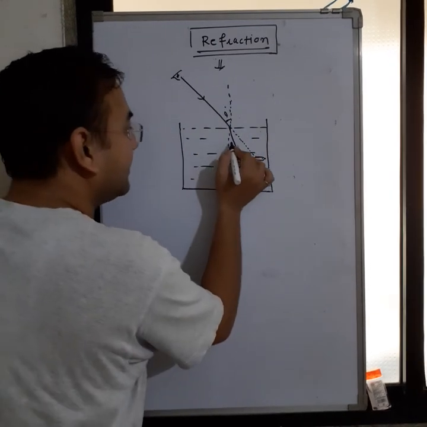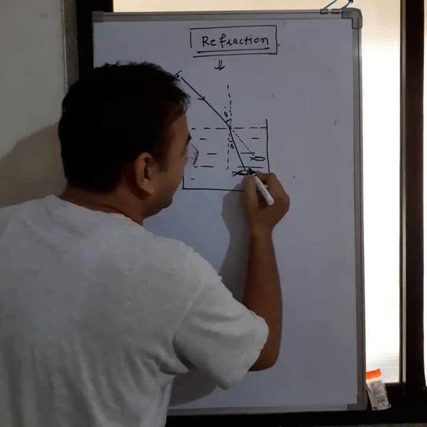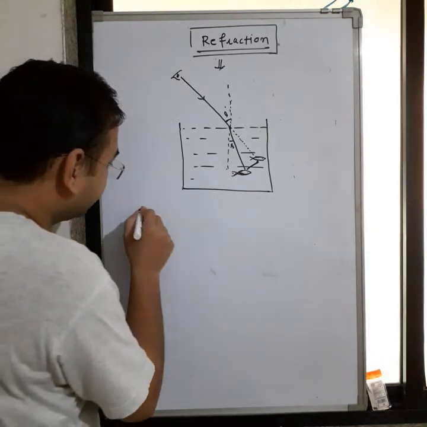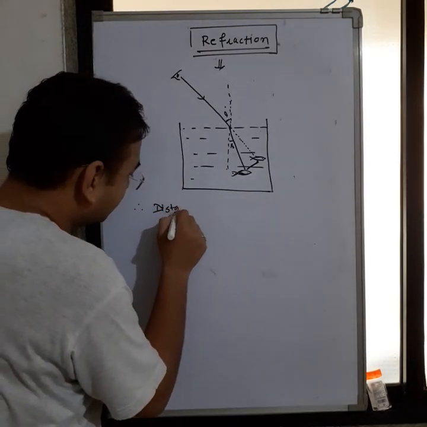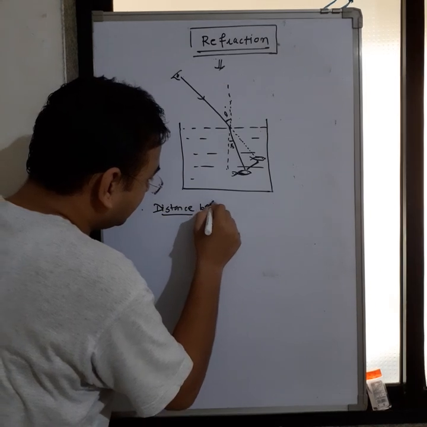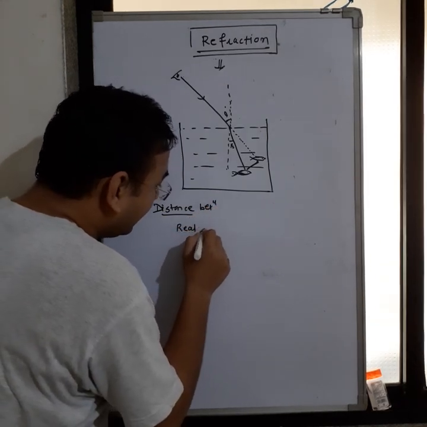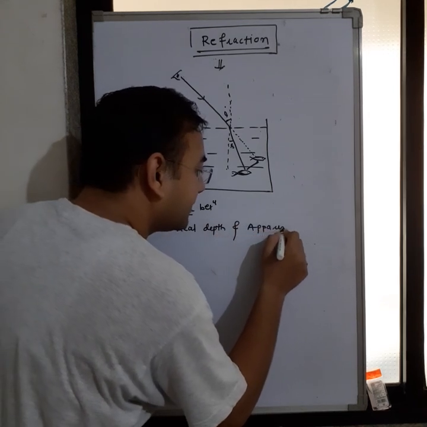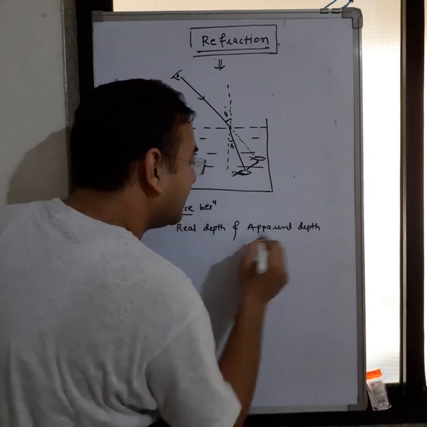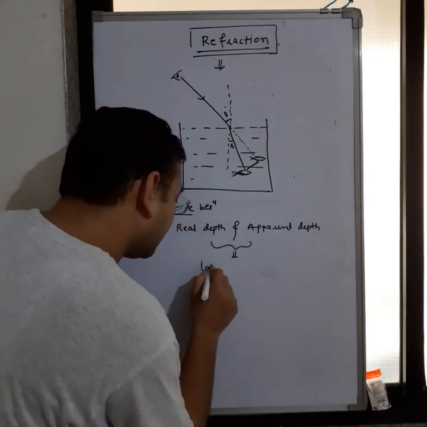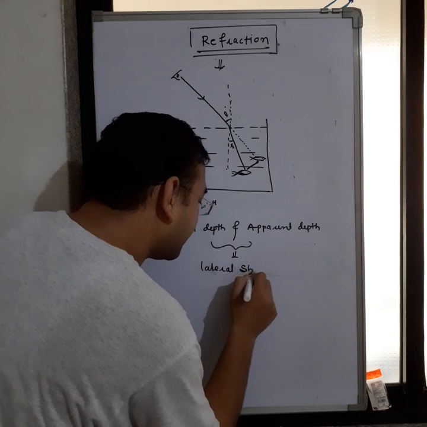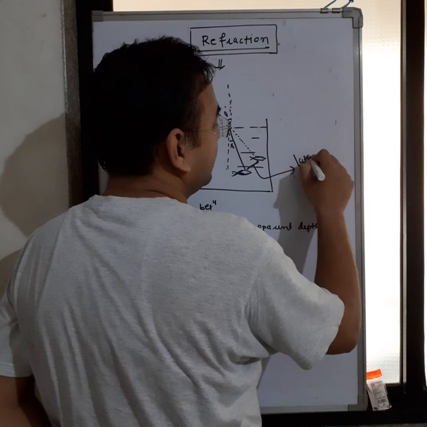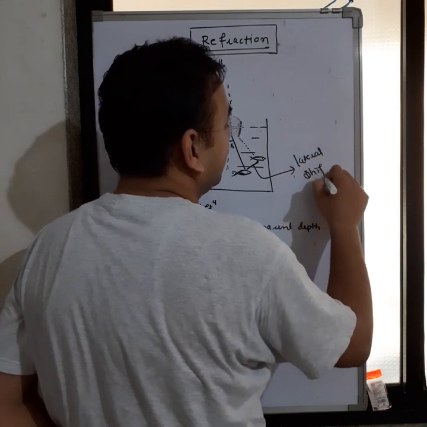This is called I and this is called R. The distance between the real depth and apparent depth is called the lateral shift.